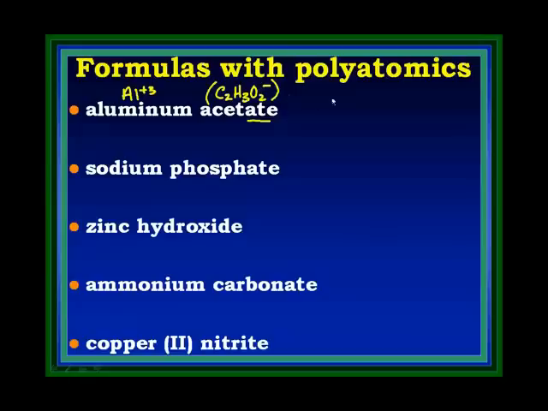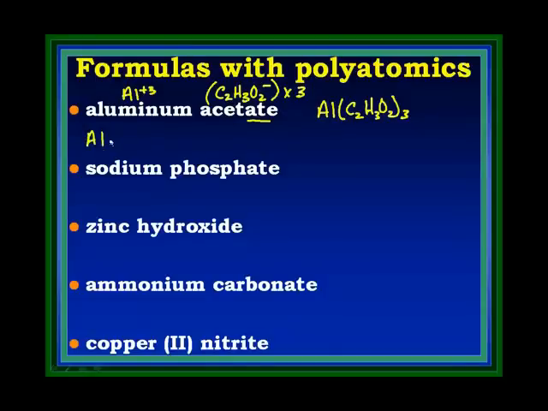This comes as a group. I am going to need 3 of those groups to cancel out the +3 of the aluminum. So since the aluminum, I just need 1 of it, but because I need 3 of those groups, I need to put those groups in parentheses. Like that. That's the formula for aluminum acetate.